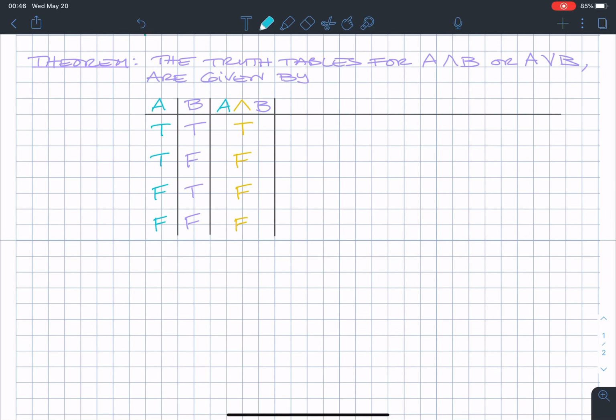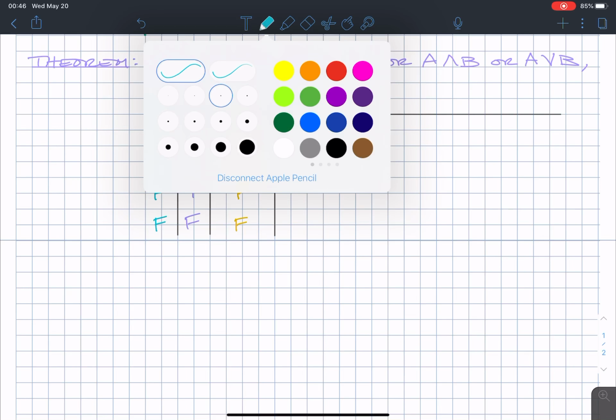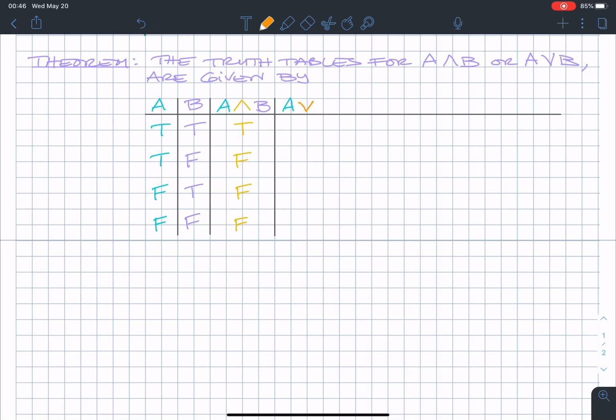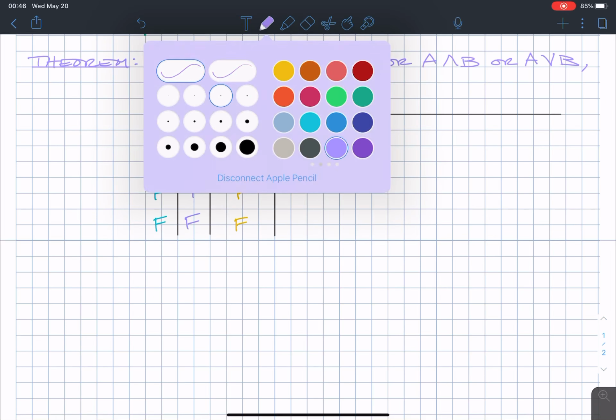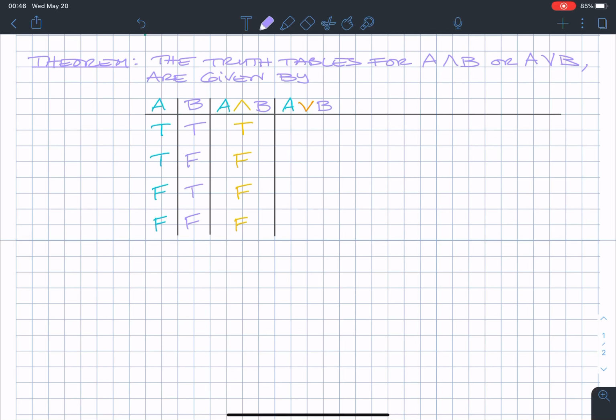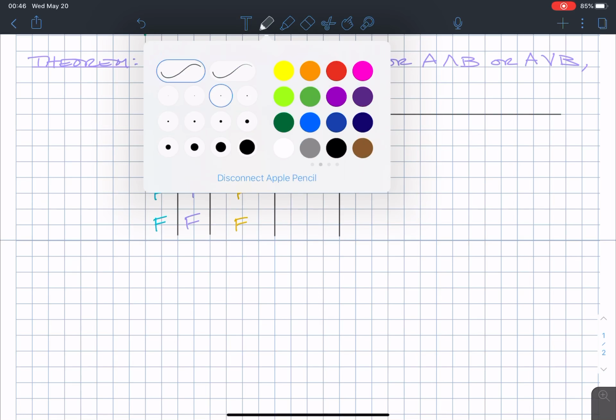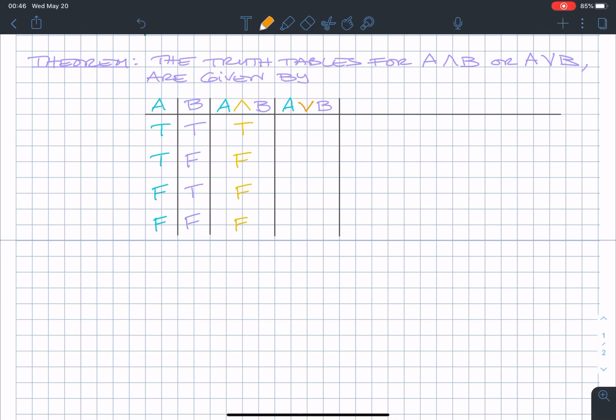What about or? So A or B. Either A is true or B is true. We don't need them both to be true. Now it's either or. Looking at the first 2 guys here, true or true, that's definitely true.